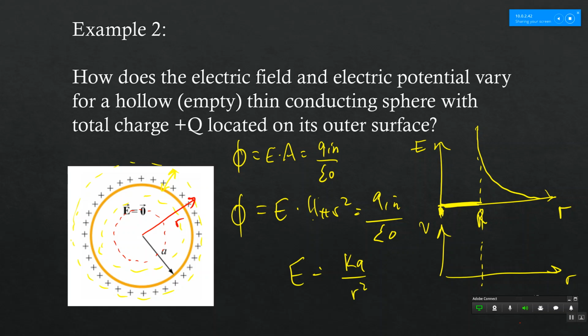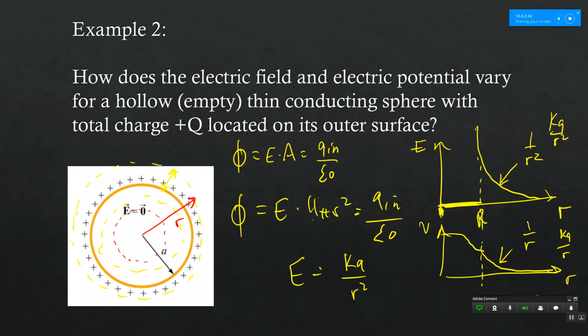In reality, it's something like this, and then afterwards it decreases. And this proportionality here is the important part. Your proportionality here is 1 over r squared, while the proportionality here is just 1 over r, because this is kq over r squared, and this is kq over r. That's how you know that.